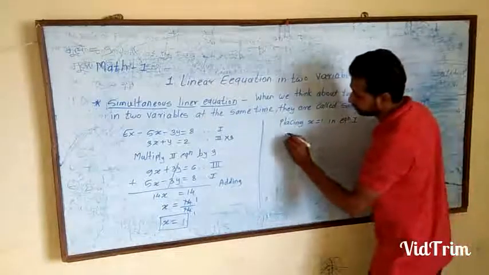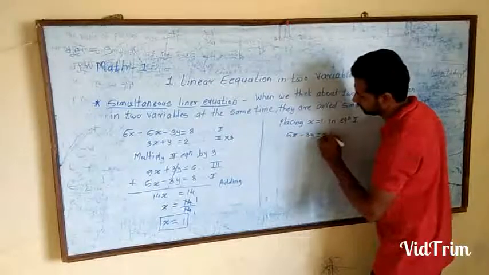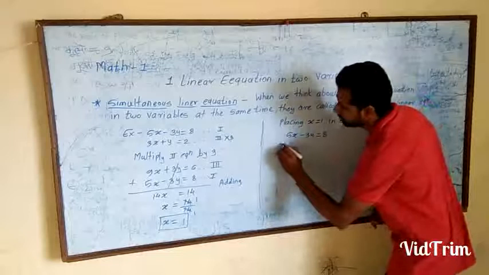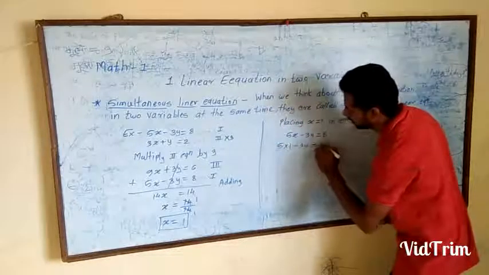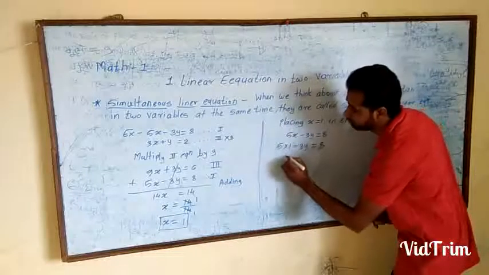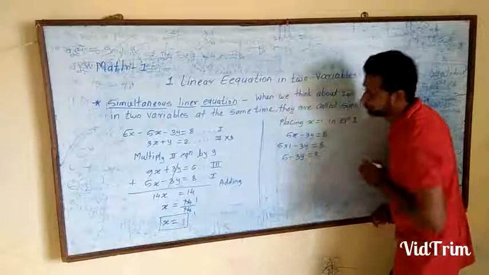What is equation first? 5x minus 3y is equal to 8. So put the value of x. 5 into 1 minus 3y is equal to 8. 5 into 1, 5 minus 3y is equal to 8.